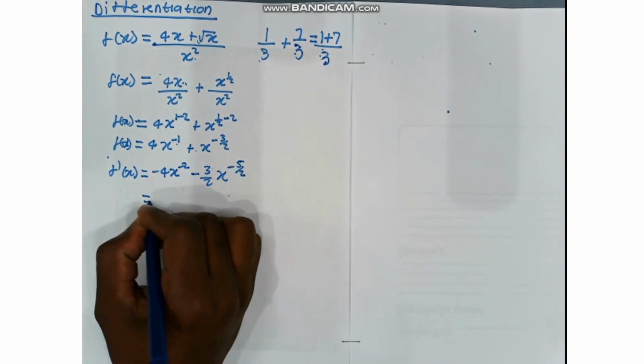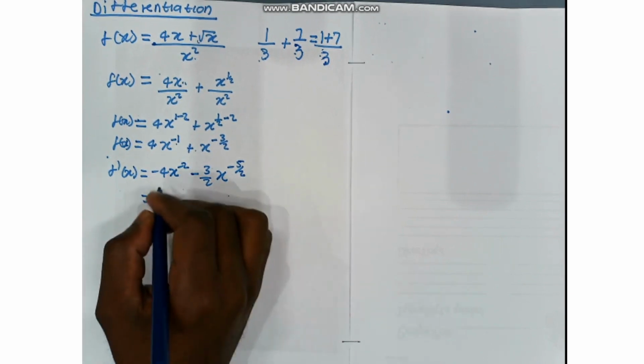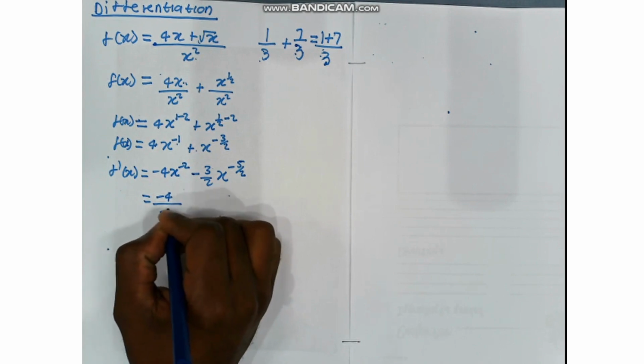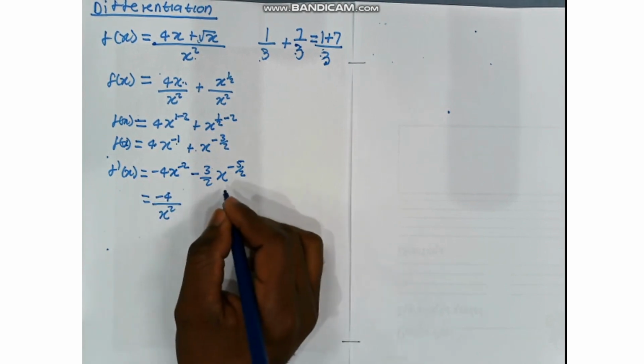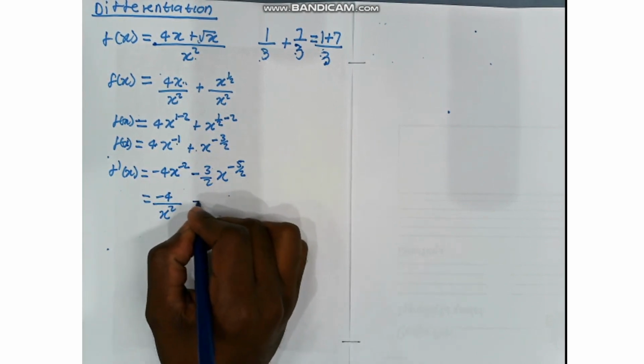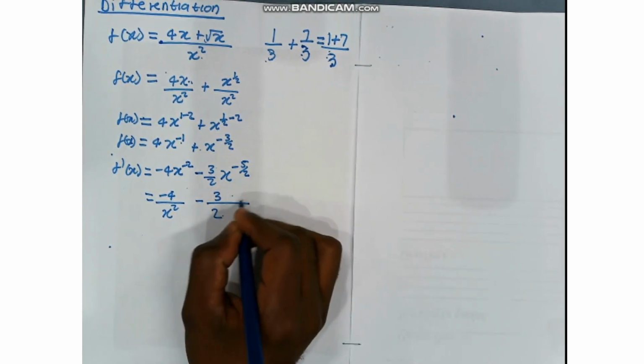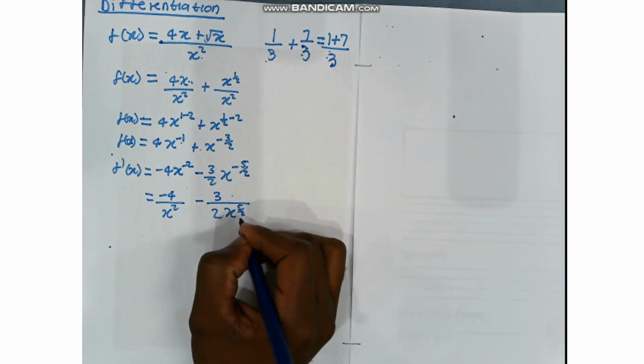We don't leave our answer in the negative exponent, so it's negative 4 all over x. Then this is 2 because we are putting it on the denominator, then it's negative 3 over 2, so it's just going to be x into 5 over 2. I hope you understand that one.